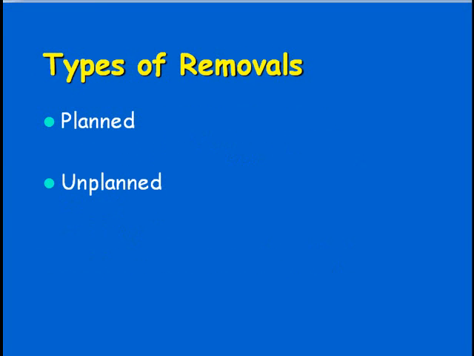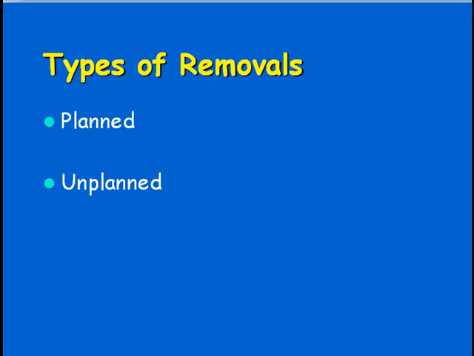There are two different types of removals. Sometimes the idea of removing an intervention from a client can be considered unethical. So sometimes the types of removals, especially with clients, may be unplanned.